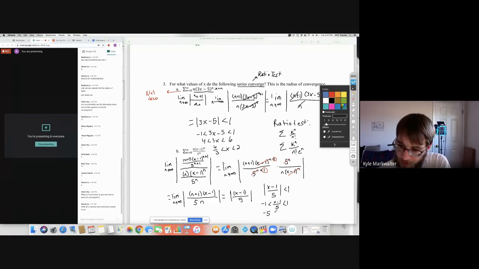Multiply everything by 5. Now add 1 to everything, so negative 4 is less than x, it's less than 6.